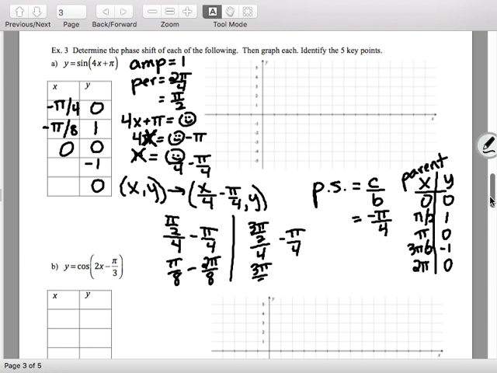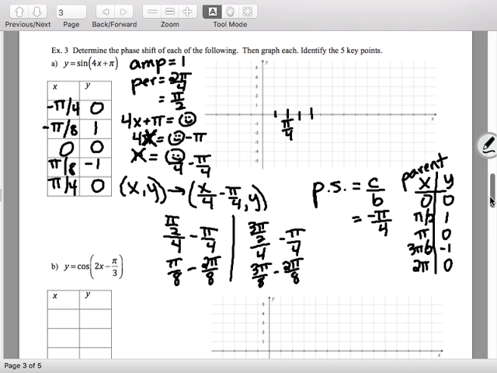Now let's do 3 pi over 2 over 4 minus pi over 4. You will notice a little pattern. Do you see that these are going up by pi over 8s? If you catch the pattern, you don't need to do this stuff. You can just keep following. If I go 1 more pi over 8, what value is that? Pi over 4. So let's go by pi over 8s. Every other one will be a pi over 4.